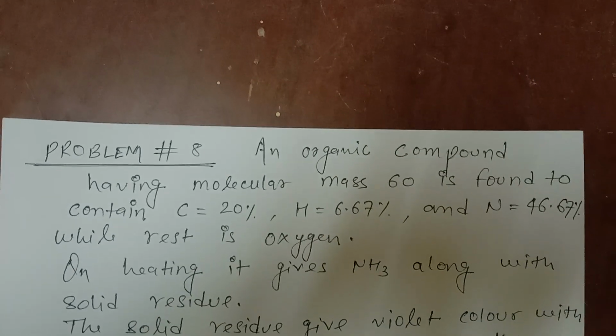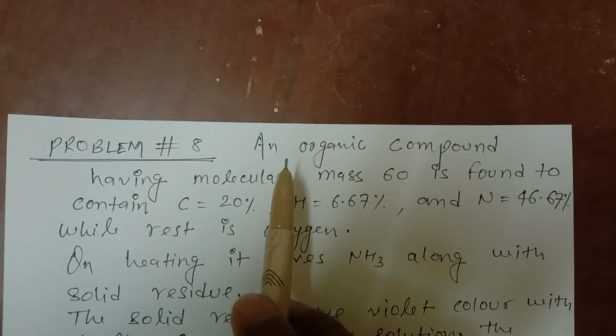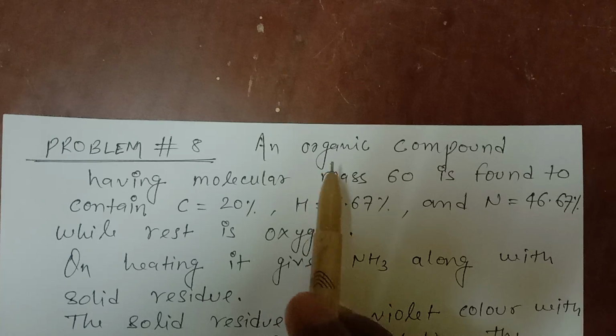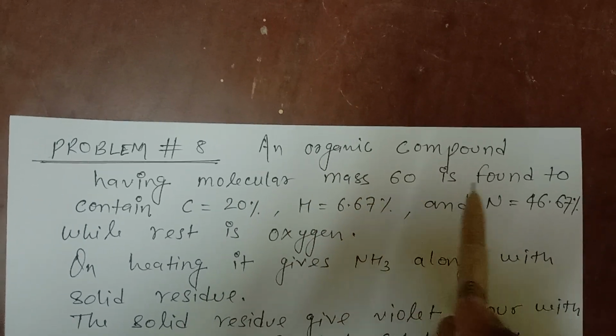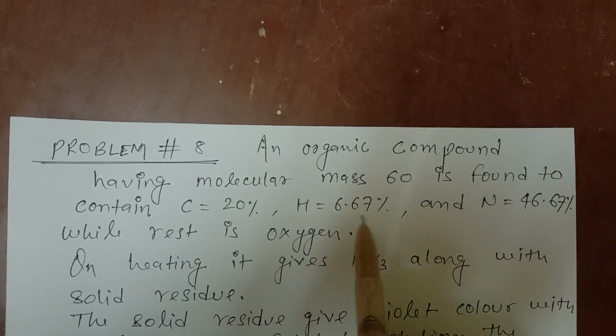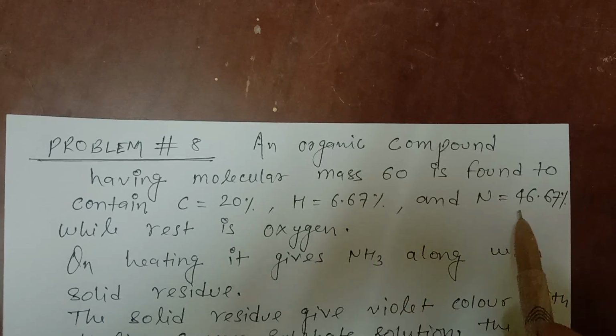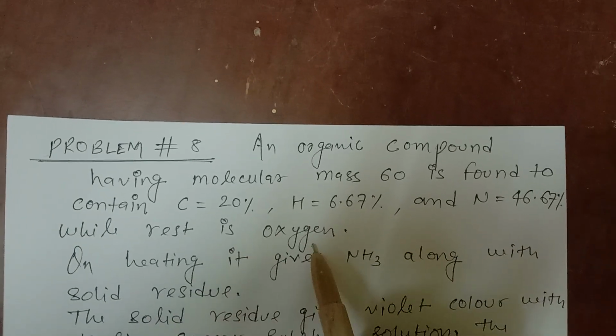Today we will study the next problem based on the empirical formula and molecular formula. Let's see the statement of the problem. An organic compound having the molecular mass 60 is found to contain carbon 20%, hydrogen 6.67% and nitrogen 46.67%, while the rest is oxygen.